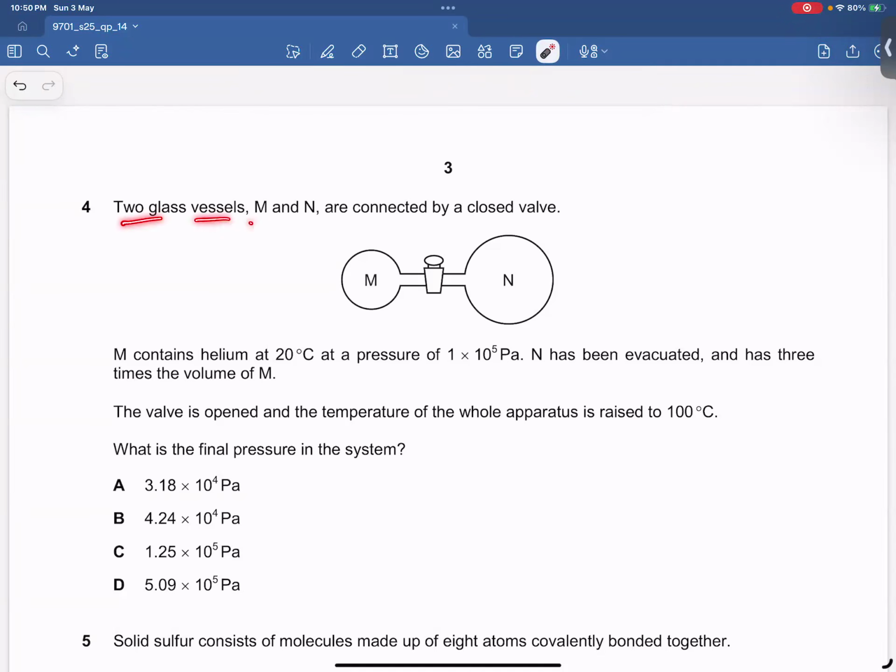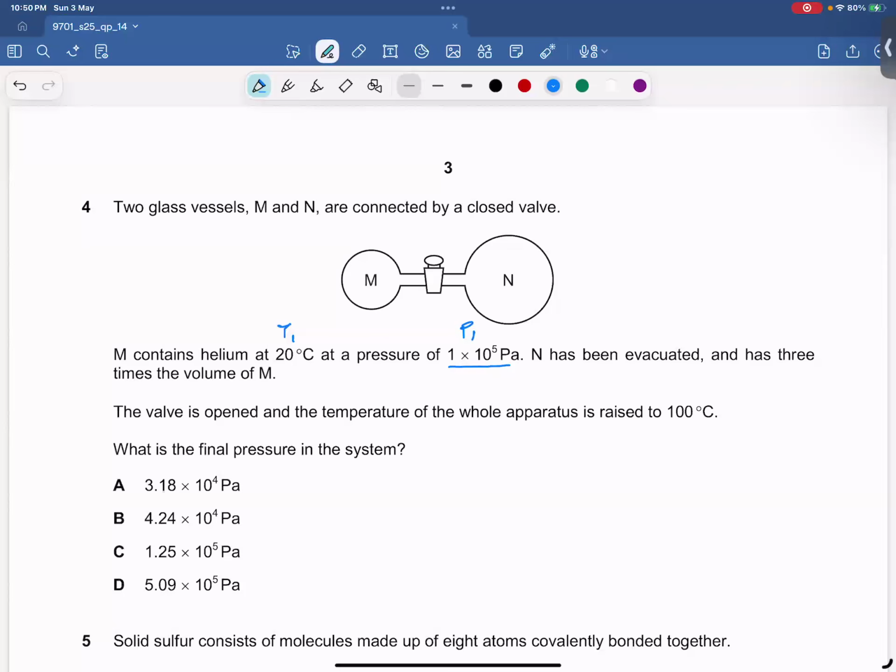Two glass vessels M and N are connected by a closed valve. M contains helium at 20 degrees Celsius, that is going to be your T1, and a pressure of this, which is going to be P1.